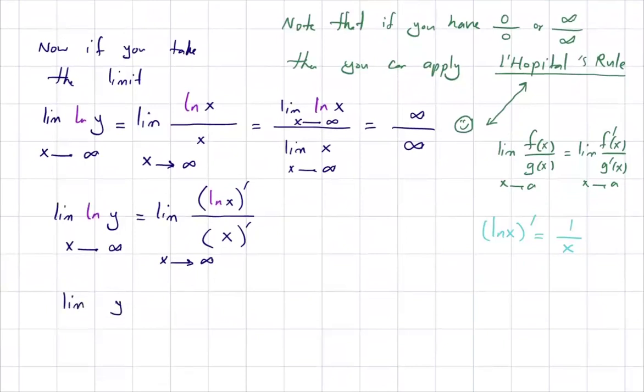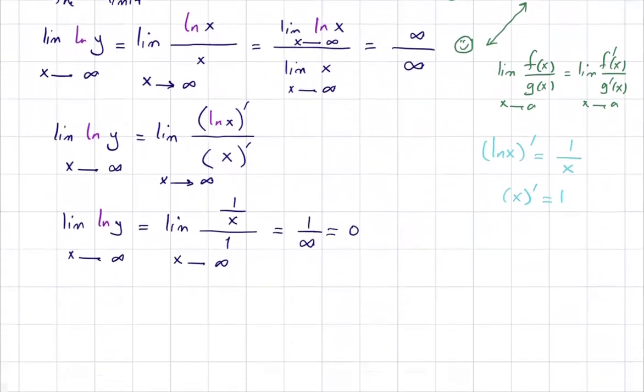So I'm going to copy down the whole thing. The limit of ln of y as x goes to infinity is equal to the limit of the derivative of ln of x, which is 1 over x, divided by the derivative of x, which is 1. So you get 1 over x divided by 1 as x goes to infinity, but this is 1 over infinity, or 0.